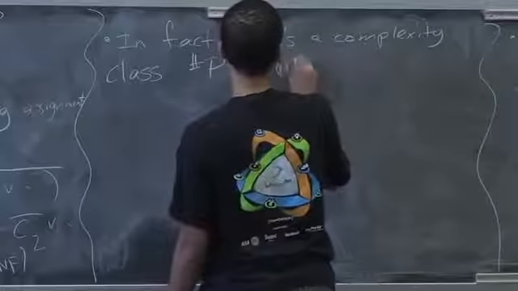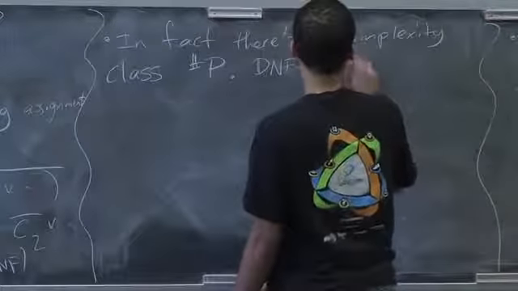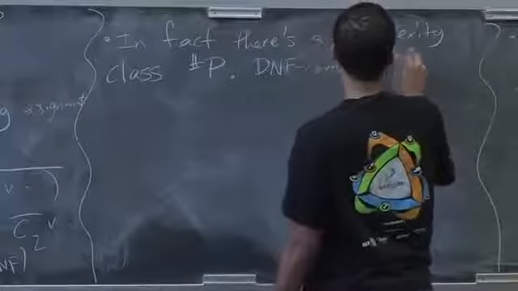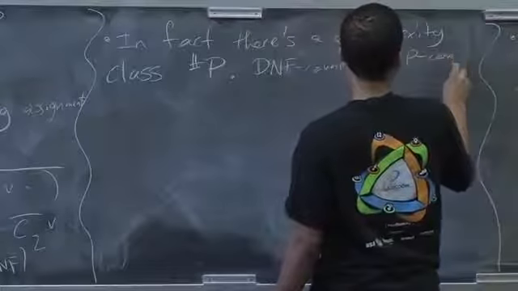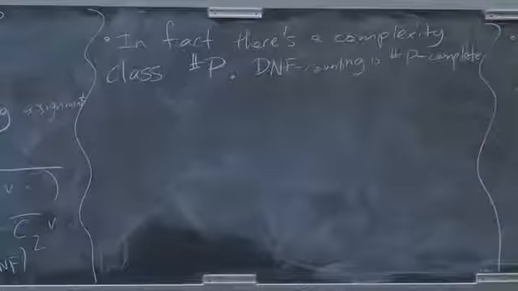DNF counting happens to be complete for that class. DNF counting is sharp P complete. What's the sharp? Sharp is like number, so it's like counting. Yeah, I mean that's where that name came from.